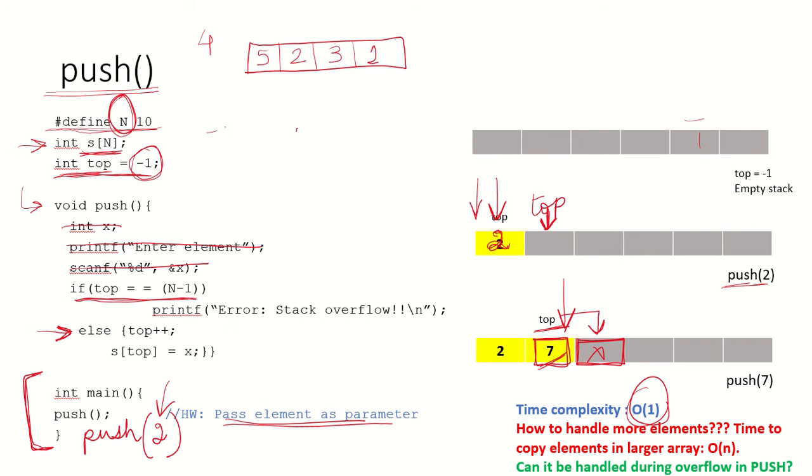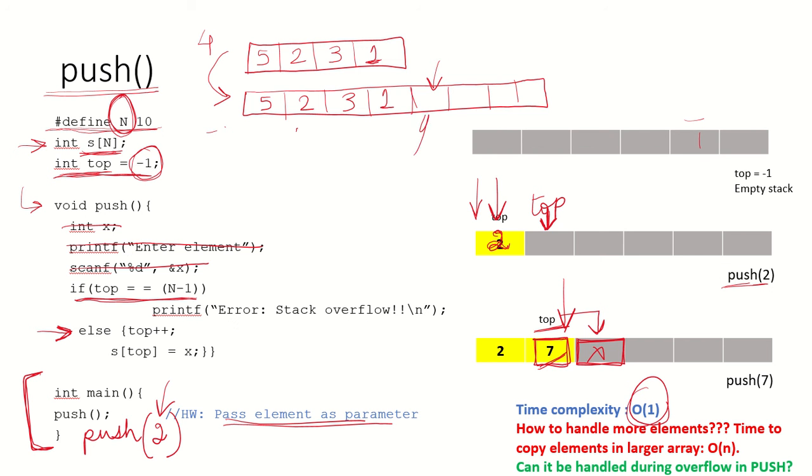Now if another push operation is required, we can create another array, maybe of double the size, copy all the elements of the previous stack into the new array and add more elements which are coming in from the user to the new available spaces in the new stack.